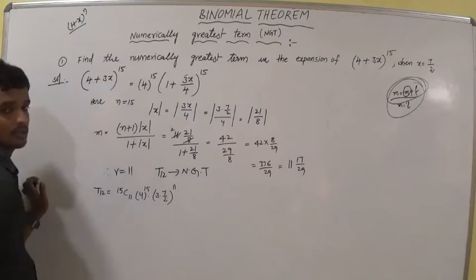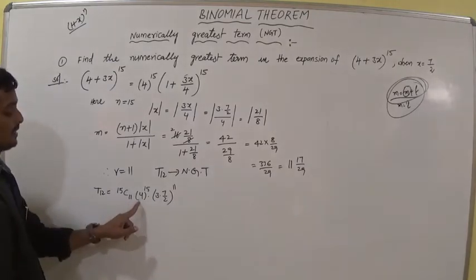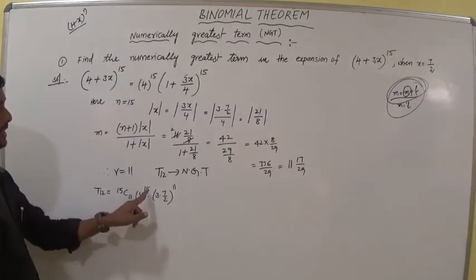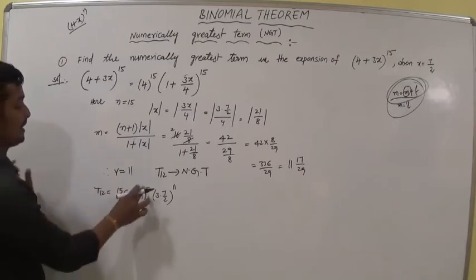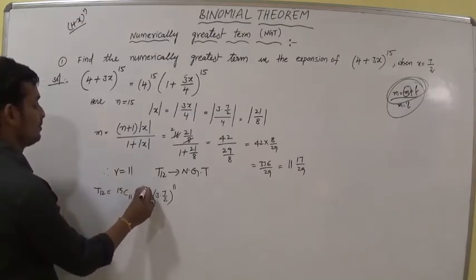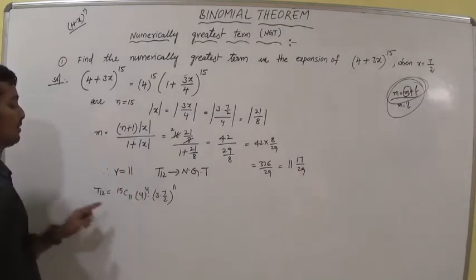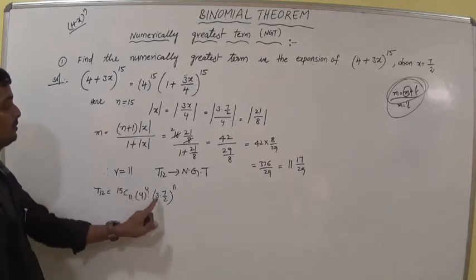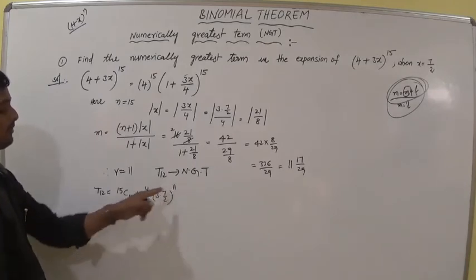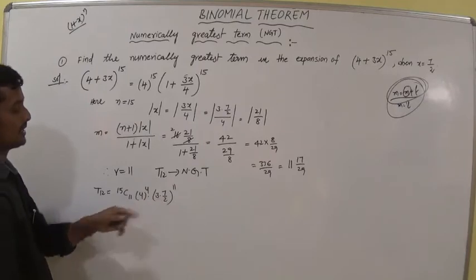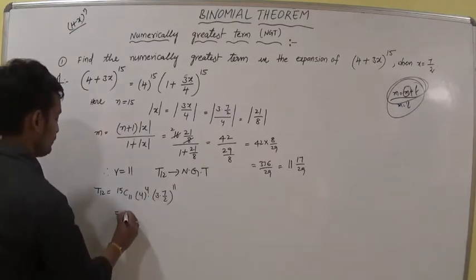Are you okay, students? This is nCr, x, a to the power of n minus r. 15 minus 11 is just 4. R is 11. 3 into the value of x is 7 by 2, whole to the power of 11, that is equal to 15 C 11.